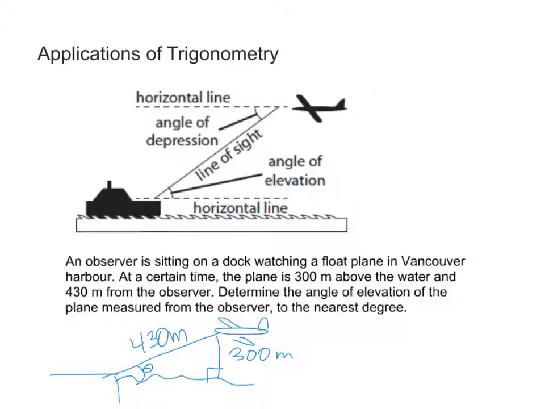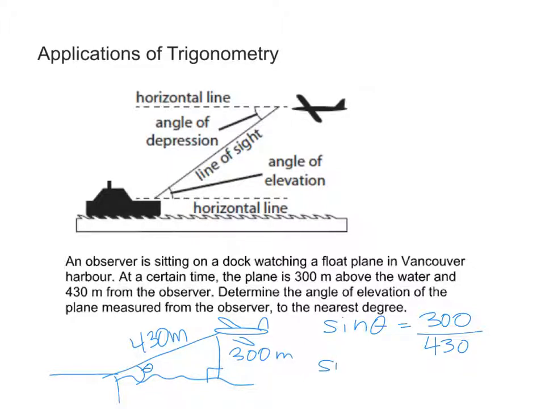Once you have the diagram, there's no more worrying about the information in the question. We have the opposite side and the hypotenuse, which tells us to use sine. So sine of theta is opposite, which is 300, over hypotenuse, which is 430.